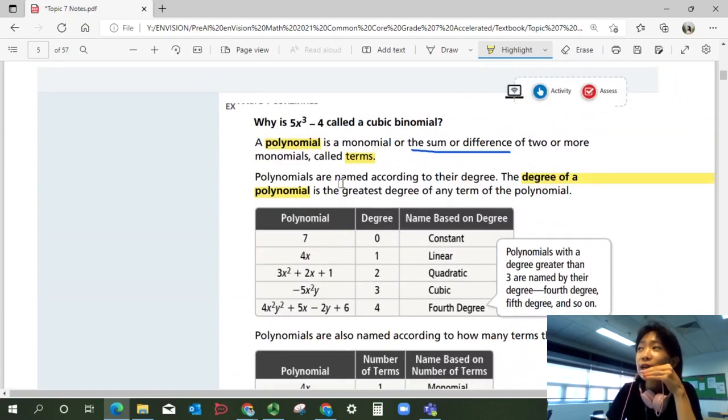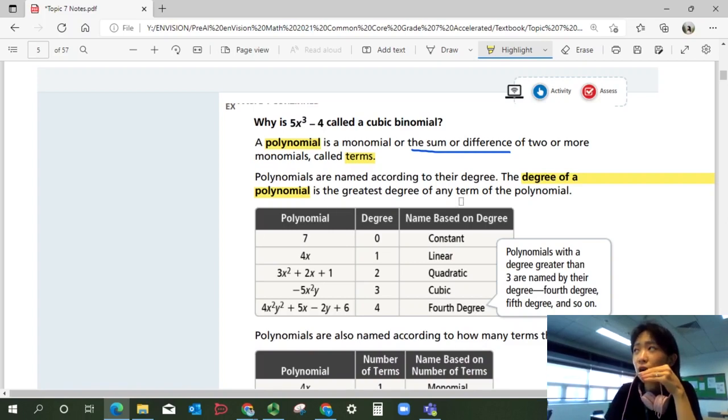Degree of a polynomial is the greatest degree of any term, which means the greatest monomial degree in your polynomial would be the degree of the polynomial. So for polynomials, if the terms are separated by addition or subtraction, you do not just combine all the degrees. You look at the degree of each term, each monomial, and whoever has the greatest would be the degree of the polynomial. Does that make sense? There is the difference.